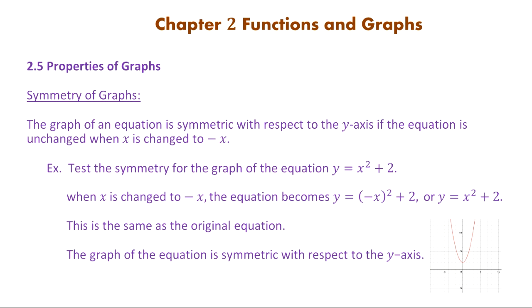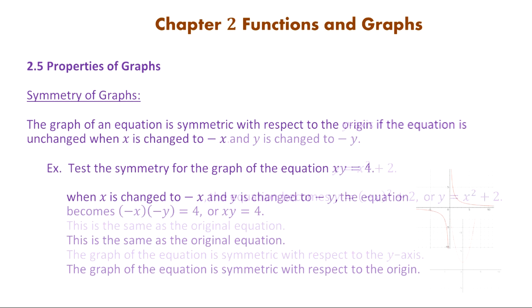So the equation is unchanged when you change x to negative x, and according to the criterion, the graph has symmetry with respect to the vertical axis. As you see, this parabola is symmetric with respect to the vertical axis: the left and right halves are reflections of each other, right?